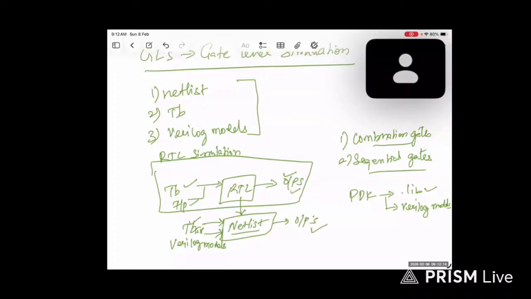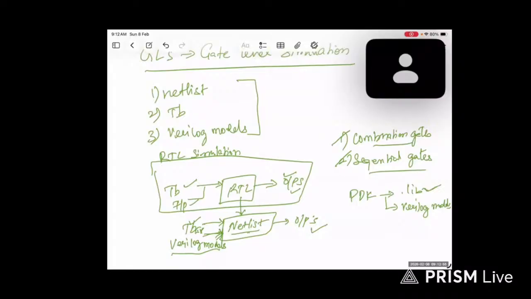But for doing the simulation, you also need something called a Verilog model as another input, as I mentioned here. The netlist comprises components like the combinational gates and the sequential gates, and each of the combinational gates or the sequential gates will have its own pins, right?